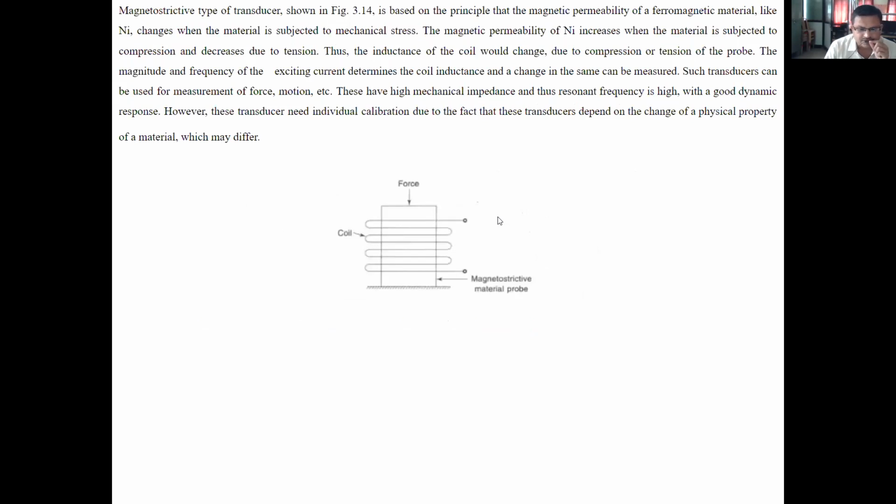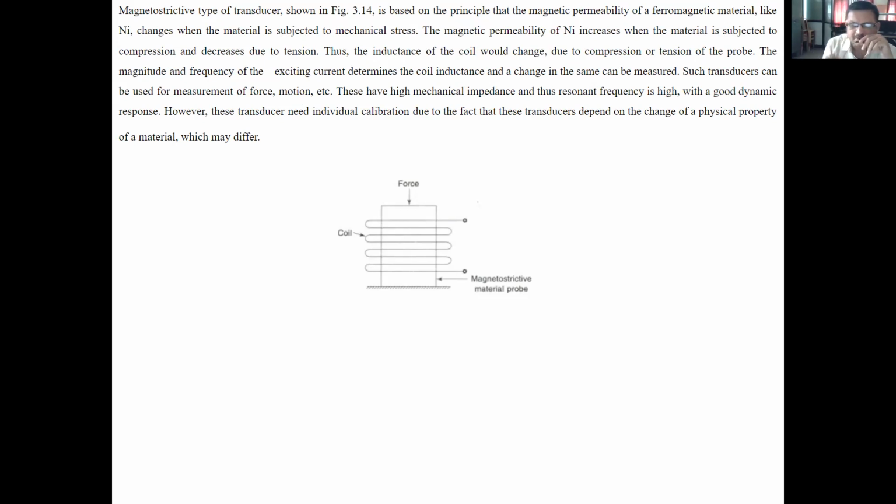Next is the magnetostrictive type. See that this is the coil which is wound on this magnetostrictive material. This is the force applied. The magnetostrictive transducer shown in figure is based on the principle that the magnetic permeability of ferromagnetic material like nickel changes when the material is subjected to mechanical stress.